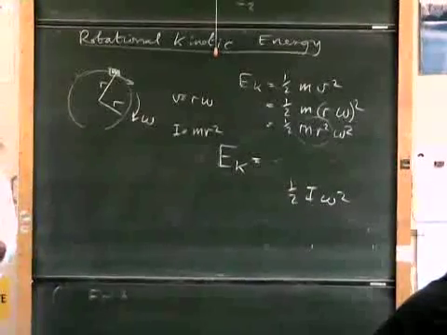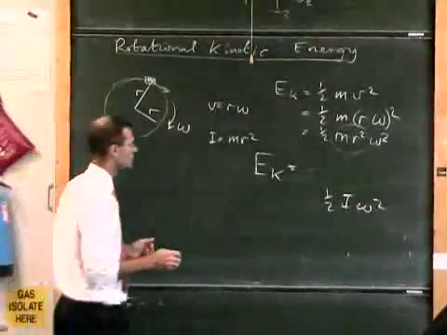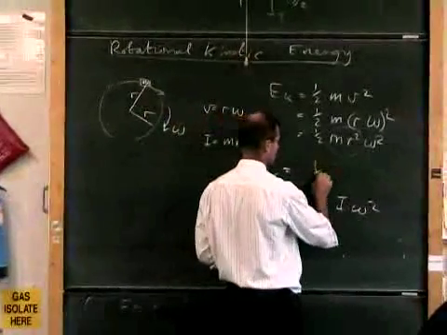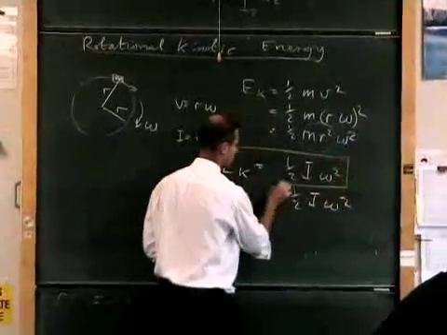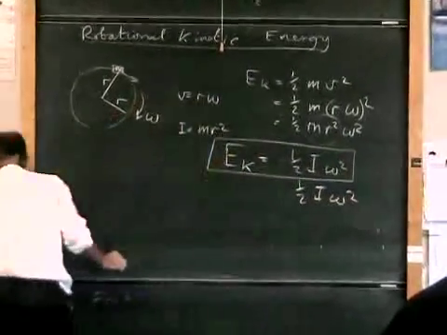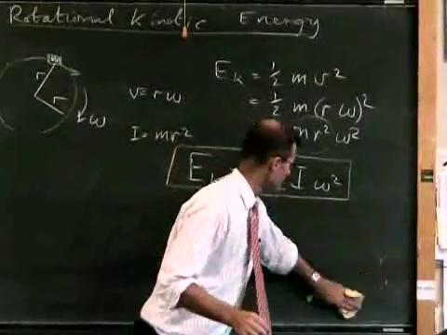It is possible. If you want to see how it's done, look it up in a book. But for Advanced Higher, what you need to know is that the rotational kinetic energy is half I omega squared, and it applies for any rotating object, whatever the moment of inertia.